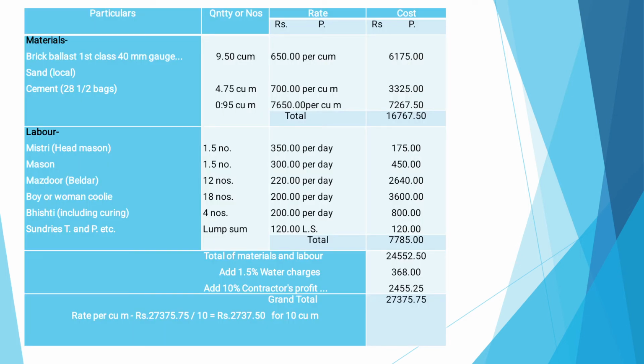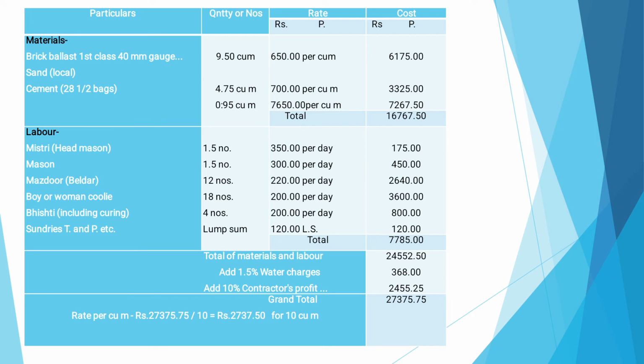Brick ballast first class 40 mm gauge 9.50 cubic meter, sand 4.75 cubic meter, cement 0.95 cubic meter. Then the rates: brick ballast 650 per cubic meter, sand 700 per cubic meter, cement 7650 per cubic meter. Then multiply the quantity and rate to get the cost value.